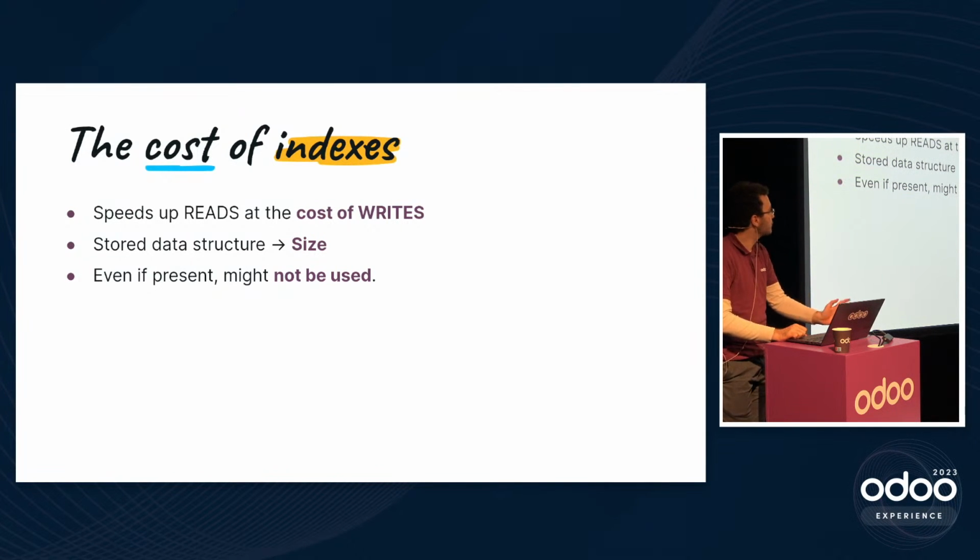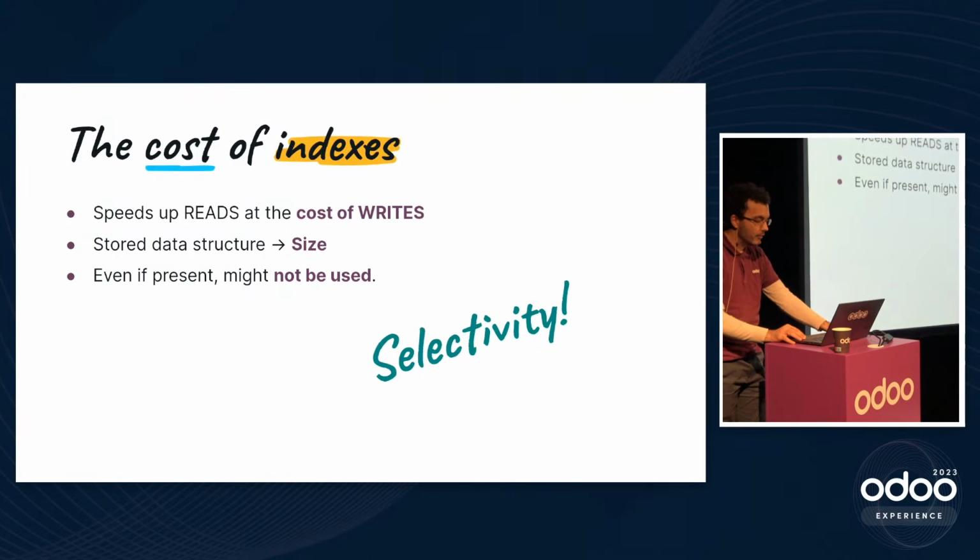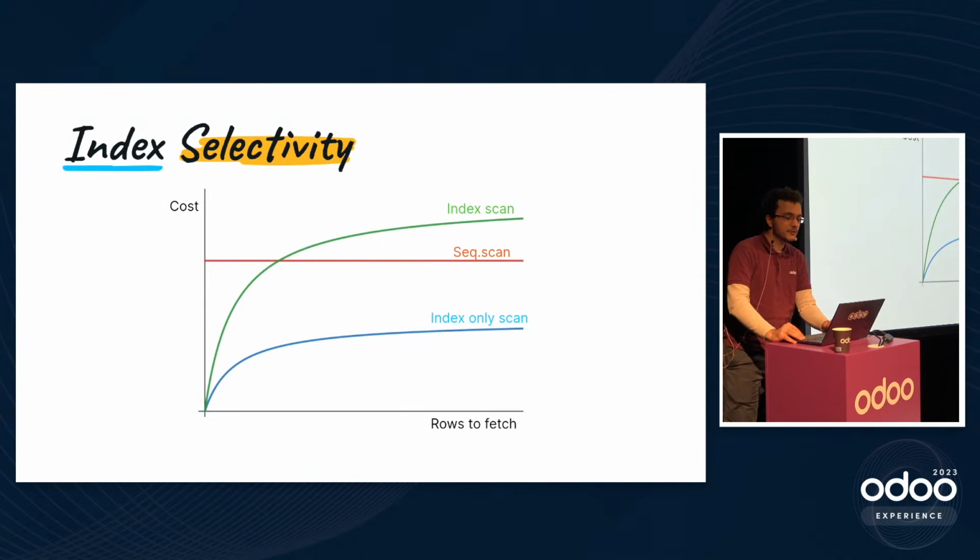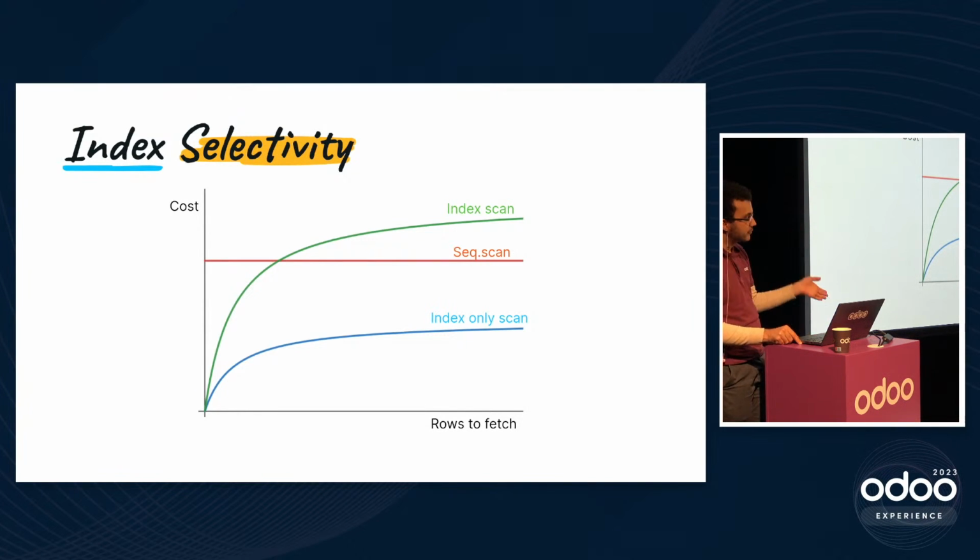And the most odd problem that people face is: I have an index on this field and Postgres doesn't use it. Why? The answer is that the selectivity is important. So here's a little graph that shows, on your x-axis, the number of rows that need to be fetched from the table, and on the vertical axis the costs of it.